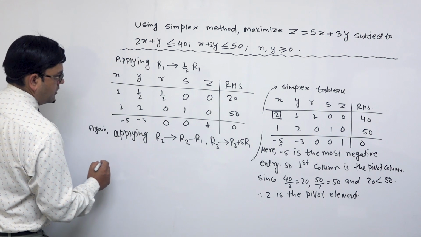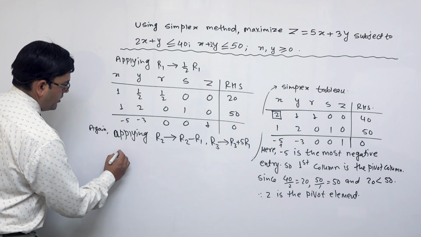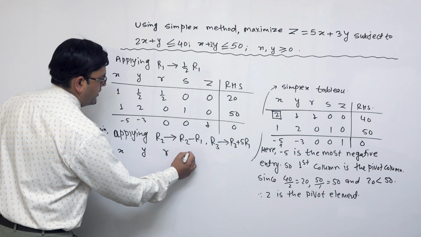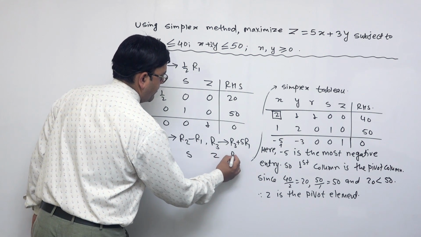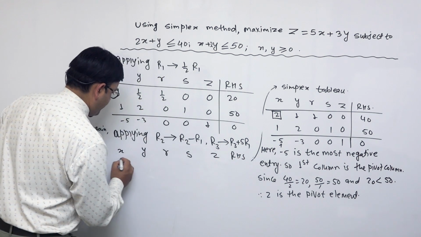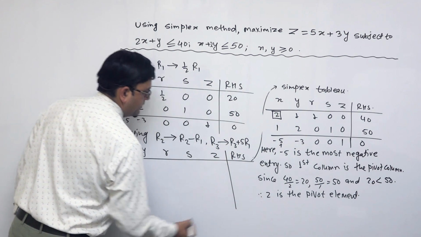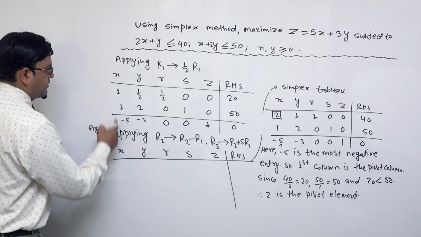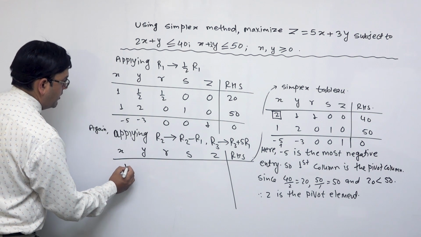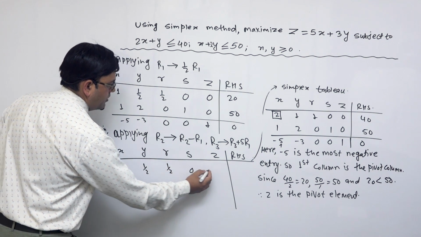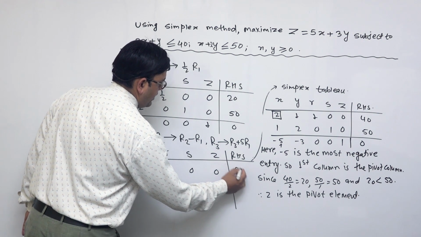So now look at x, y, r, s, z and RHS. First x we have to write as it is, no change: 1/2, and then 0, 0, and this one is 20.